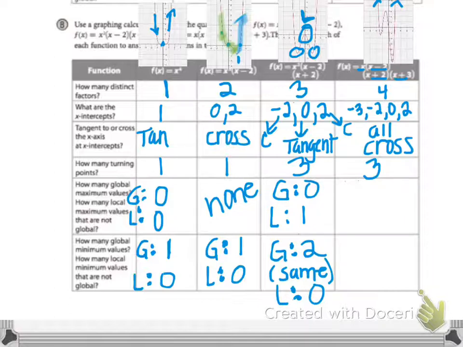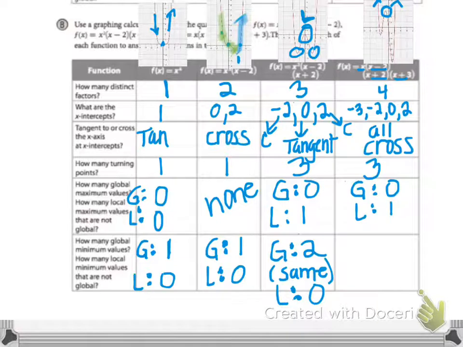So let's see, global max or local max. So the global max, there's none, because again this continues up forever on the ends. That's never going to get to a highest point. But there is a relative or local maximum right there at that point I just circled. So local, there's 1. There's a way that we could figure out what that was.